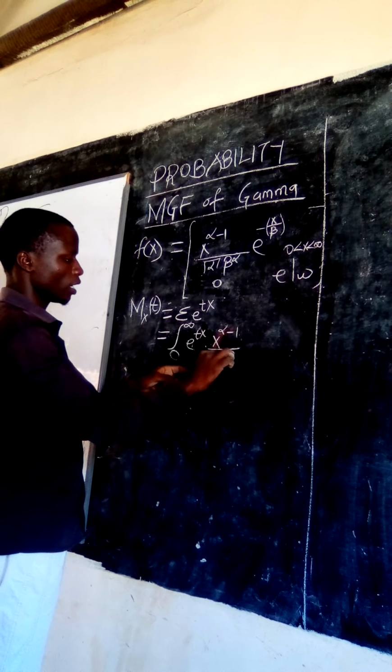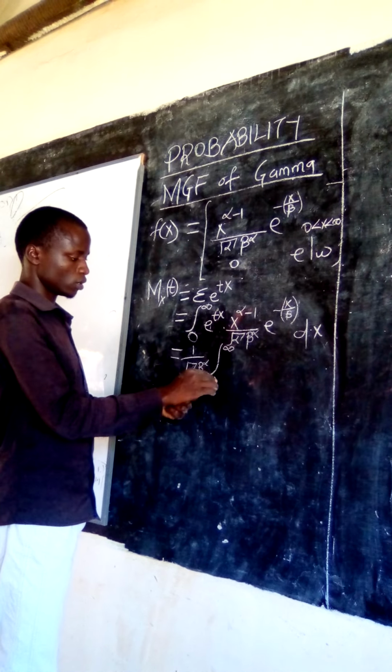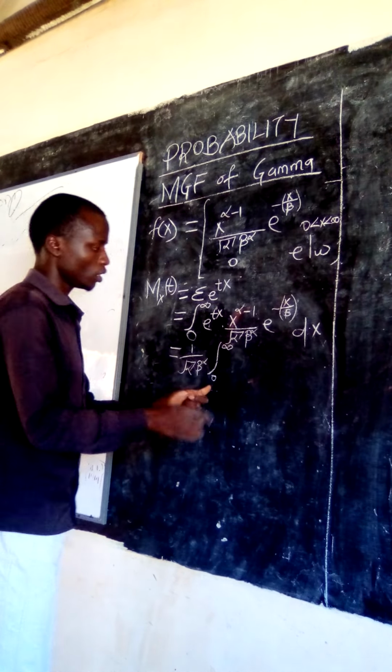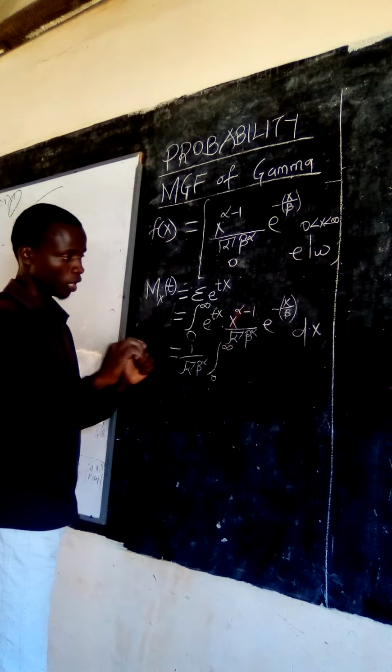Now after that, you are supposed to come here and see a way in which you can simplify this. Remember, the denominator here is all about a constant. Just bring these constants before the integration sign. And therefore, I'll come up here and say that it is 1 over gamma of alpha beta to the alpha, and now I write the integration sign. It is from 0 to infinity. Then I write the remainder excluding gamma of alpha beta to the alpha. That is it.